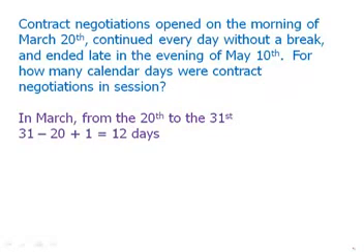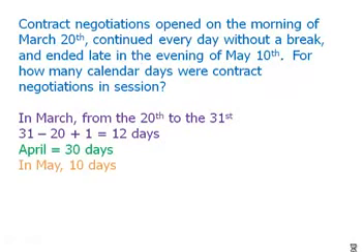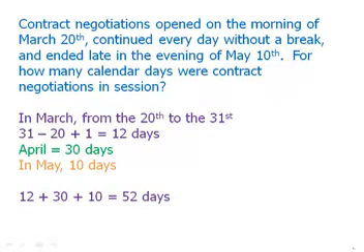That would be 31 minus 20 plus 1 for the inclusive counting, that's 12 days. So 12 days in March, the whole month of April, so that's 30 days, and then the first 10 days in May. So altogether, that's 12 plus 30 plus 10, 52 days. So that's how many days the contract negotiations were in session.